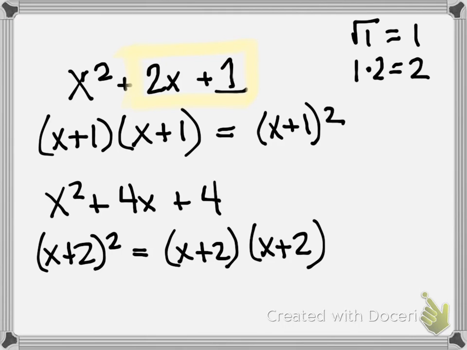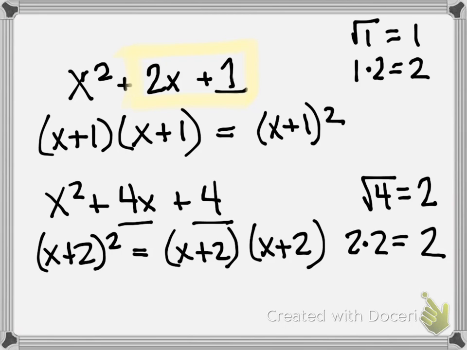That one's confusing as well. When you first see it, it's hard to recognize that it's a perfect square trinomial. But what's the square root of 4? 2. And what's 2 times 2? 4. So if you recognize that relationship, you can factor that directly to an x plus 2 quantity squared.